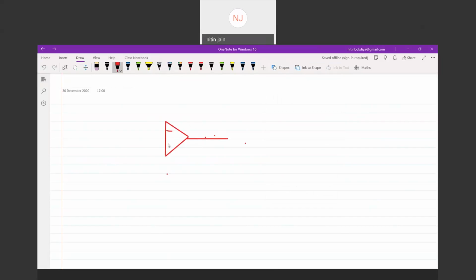This is minus, this is plus, this is one diode, then we have one negative feedback, and a 2 volt source is connected to the op amp.